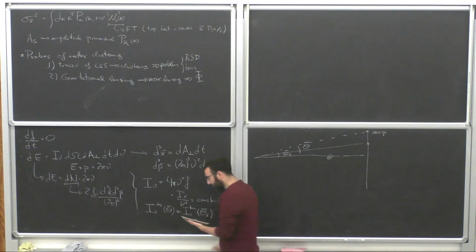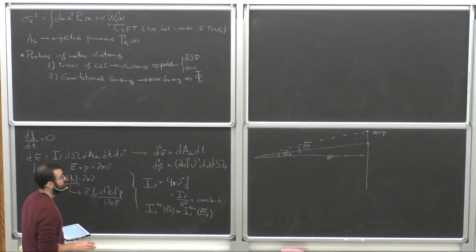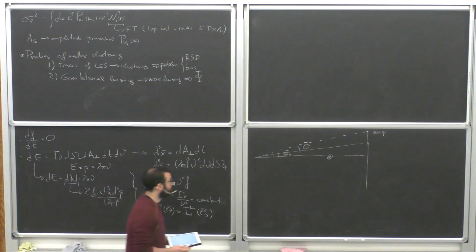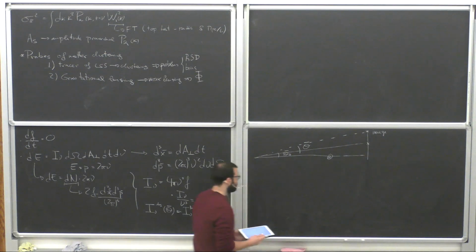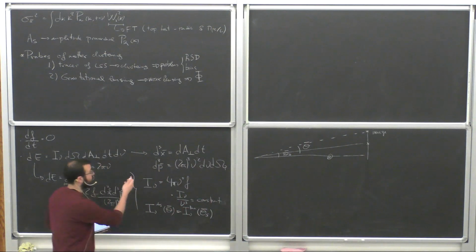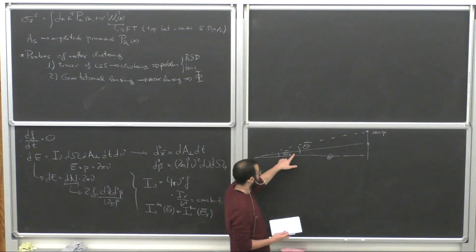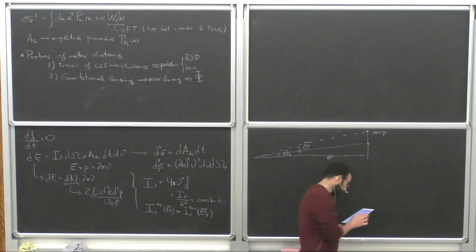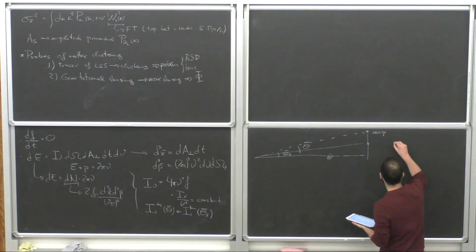Now, of course, this geometric cartoon is very exaggerated because we are going to be working in the weak lensing regime. So we are expecting the deflection angle between theta s and theta to be very small, in such a way that we can work in a flat sky approximation.